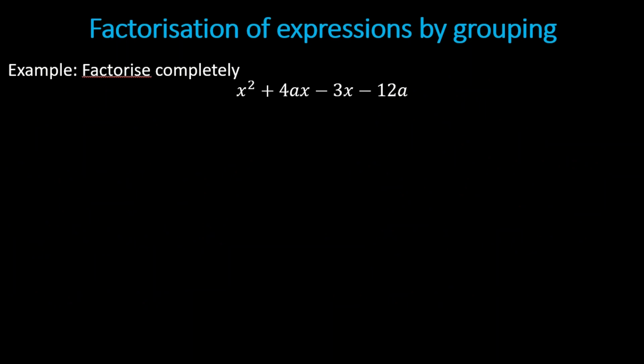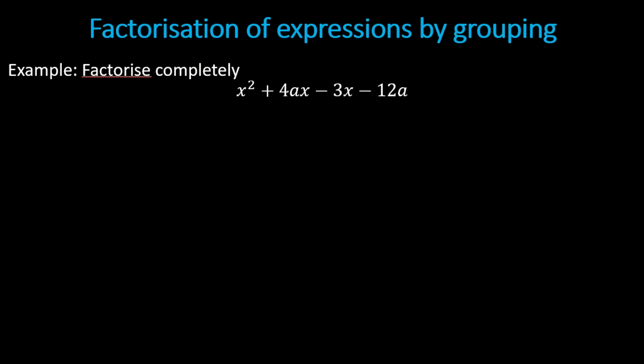Okay, we carry on with another example. Here we need to factorize completely x squared plus 4ax minus 3x minus 12a, right? What do we do? The first step is to write each term in expanded form, right?